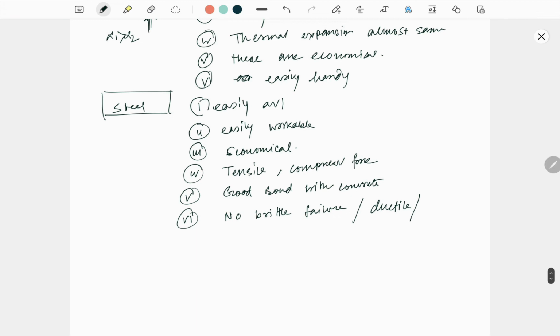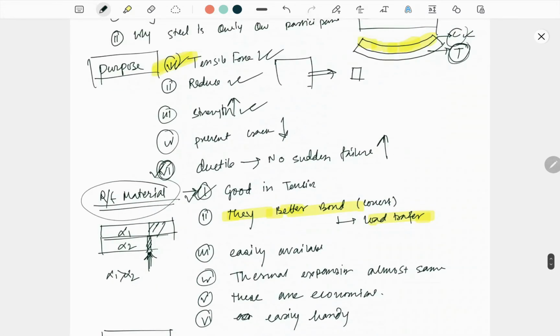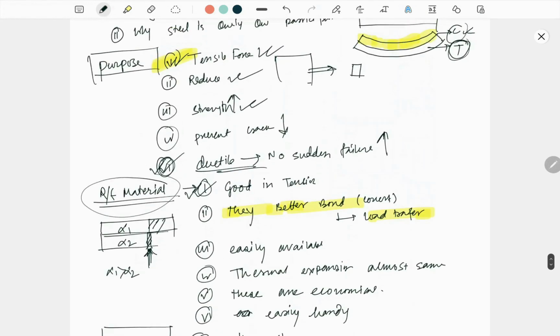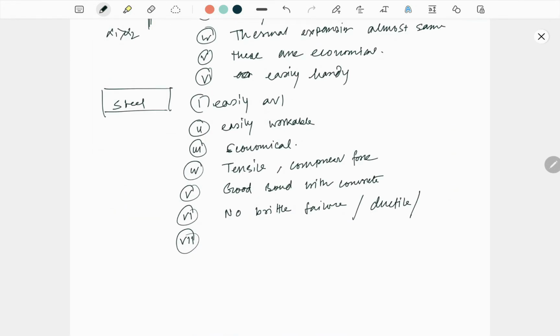Before cracking they provide some expansion. So they provide you warning before failure. So hence again we match with this point. A definite ductile, that means they are preventing the crack also. They have a longer life.